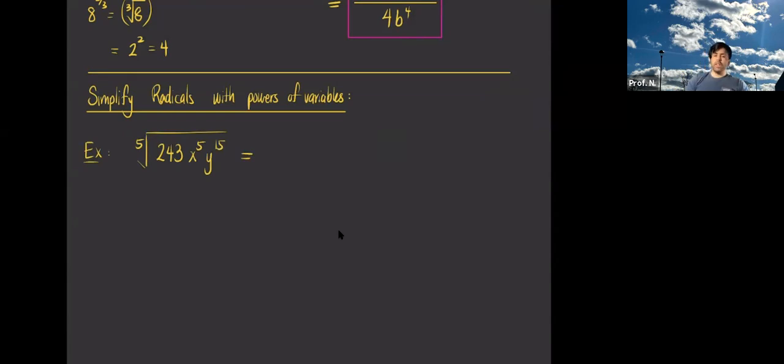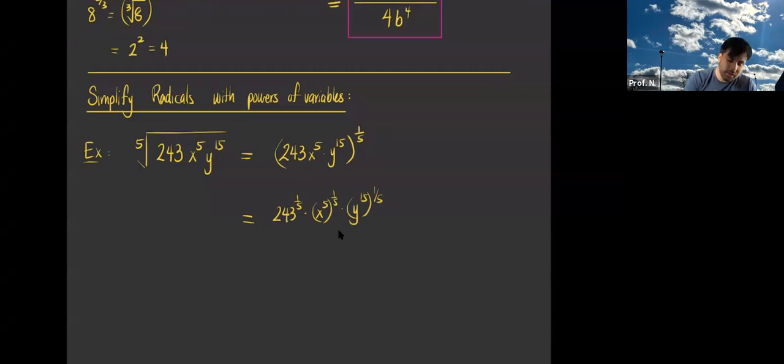One thing I can do is rewrite it with an exponent: 243 x to the 5th times y to the 15th, with this entire thing raised to the 1/5 power. And when I have it this way, I can also rewrite it as 243 to the 1/5 power times x to the 5th to the 1/5 power times y to the 15th to the 1/5 power.